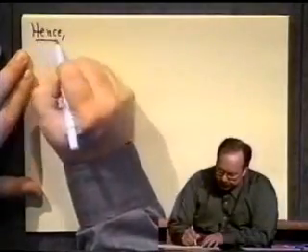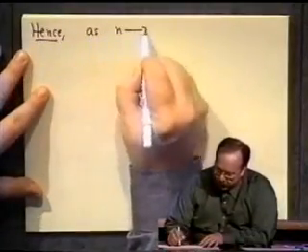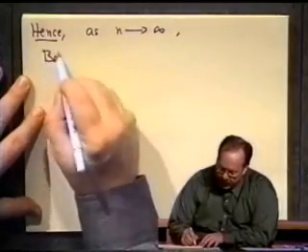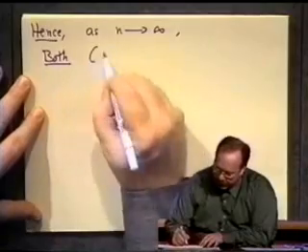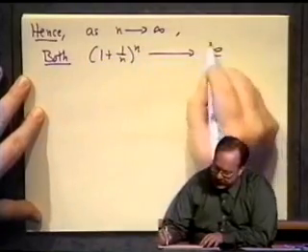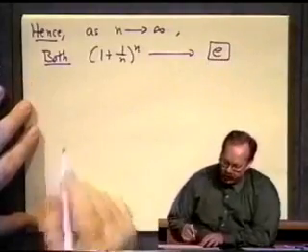Hence, as we let n grow to infinity, we have two things. We have both the earlier fact that 1 plus 1 over n to the n goes to e. Okay, that's known.